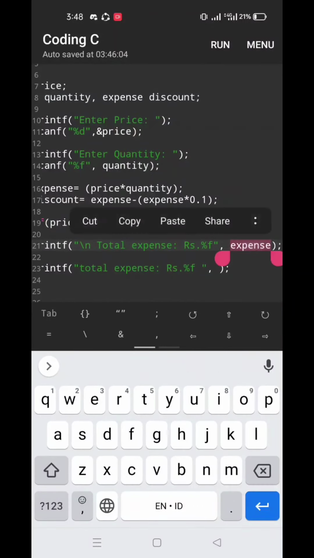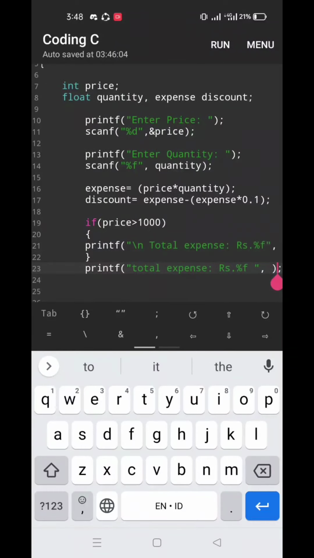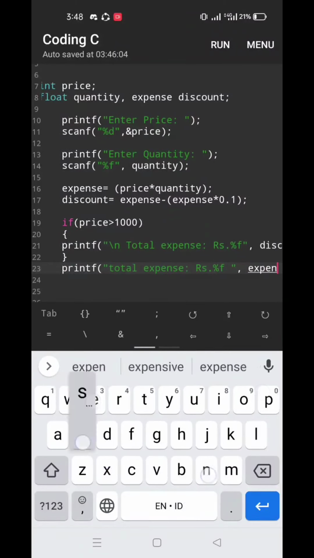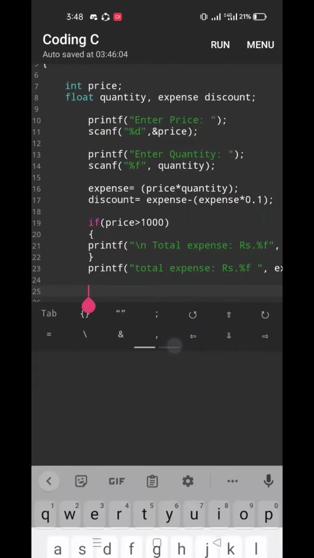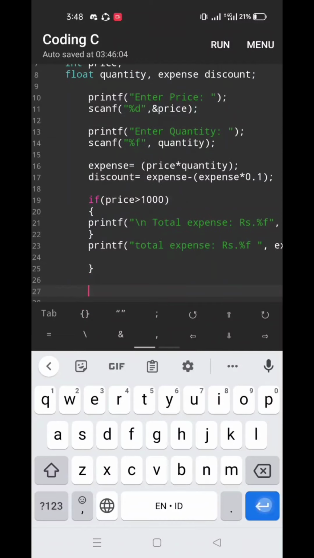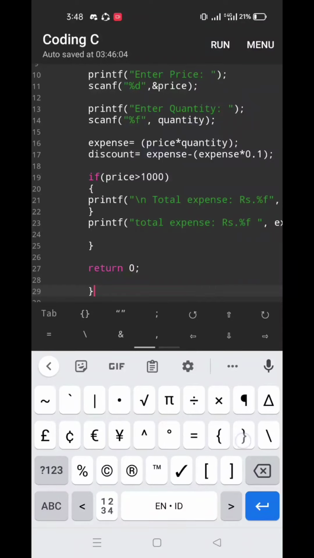This is discount, and here is the expense. Close, return 0, close. Then run.